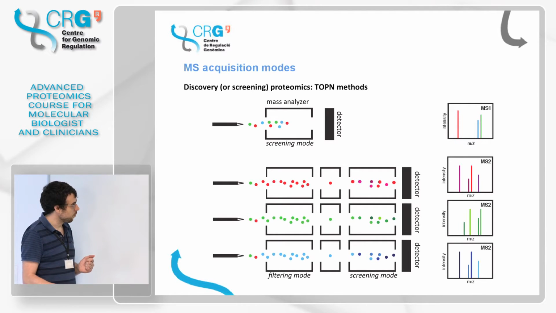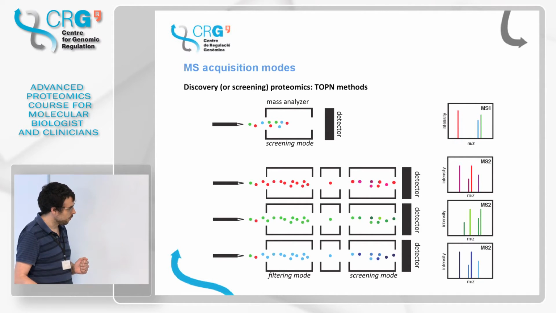Then I go for the second one, the green one: I filter in the first quadrupole or mass analyzer, fragment it, analyze all the fragments, and record them as a second MS2 spectra. This gives me information about the identity of this molecule.